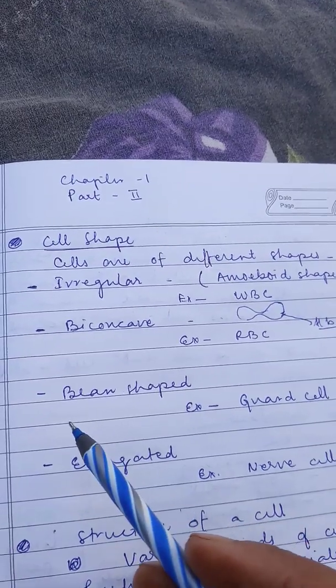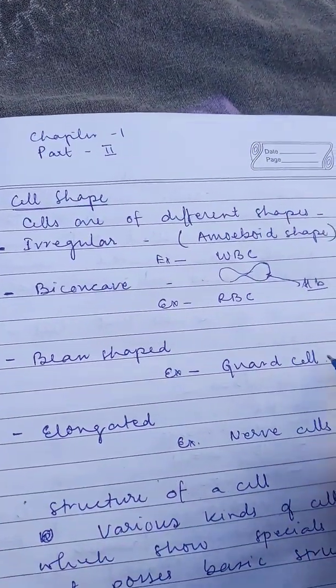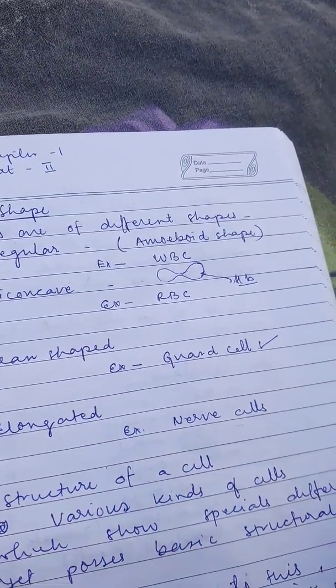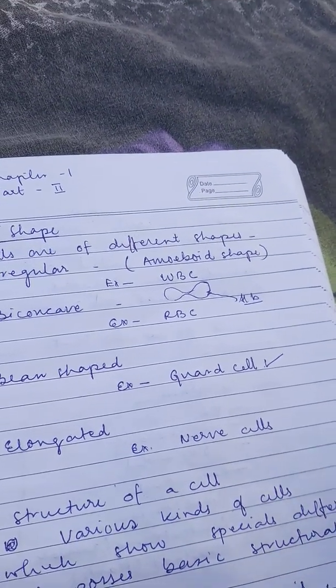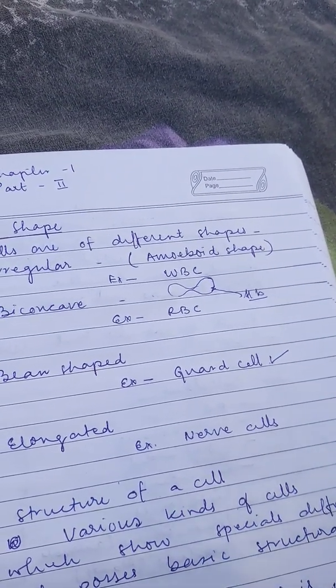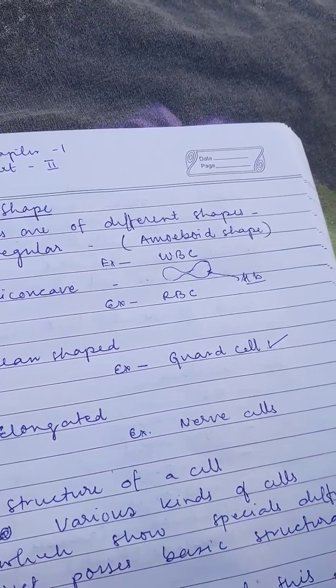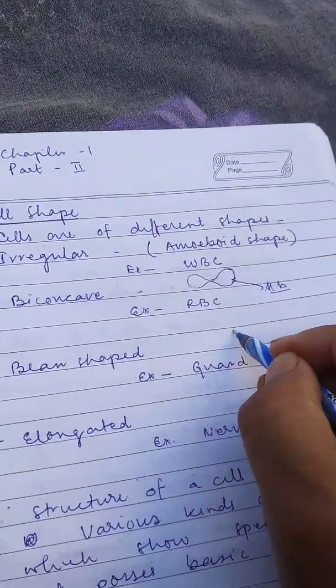Third, bean shape. The most common example is the guard cell. On the ventral surface, the under surface of leaves, there are minute openings. These openings are known as stomata. These stomata are guarded by two bean-shaped guard cells like this.